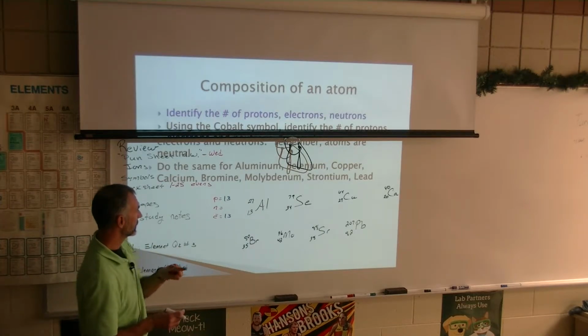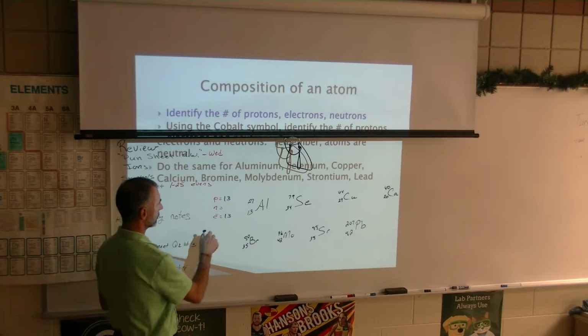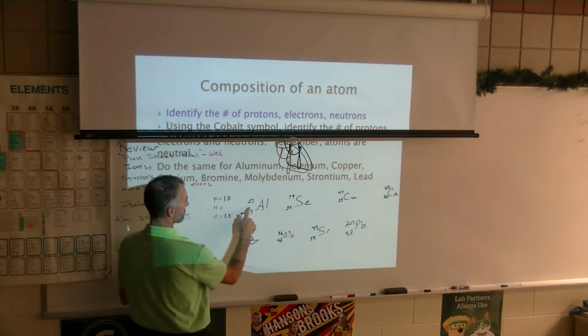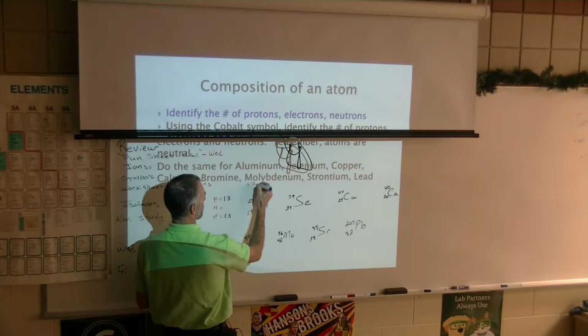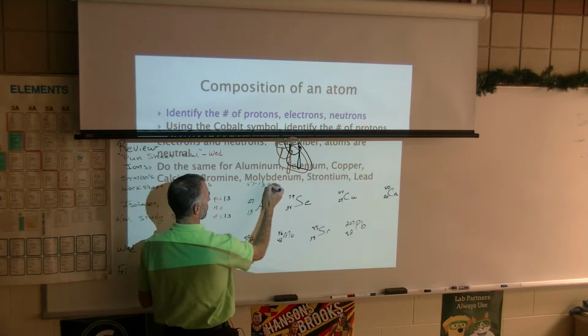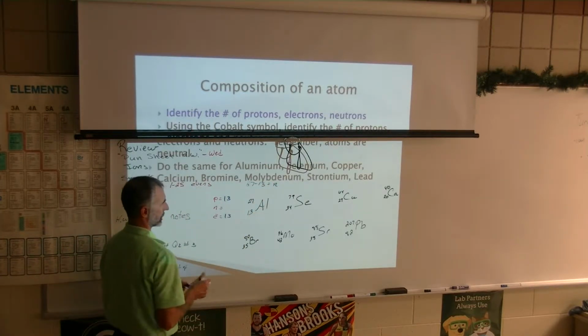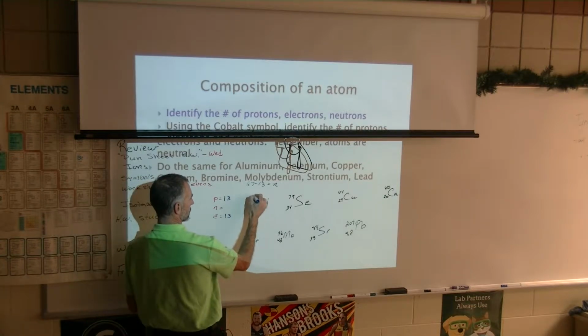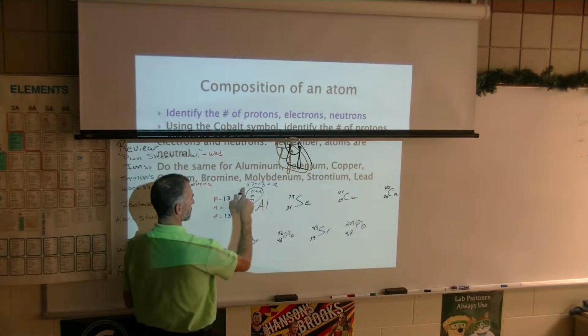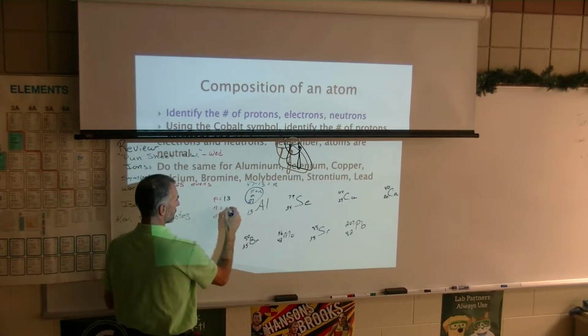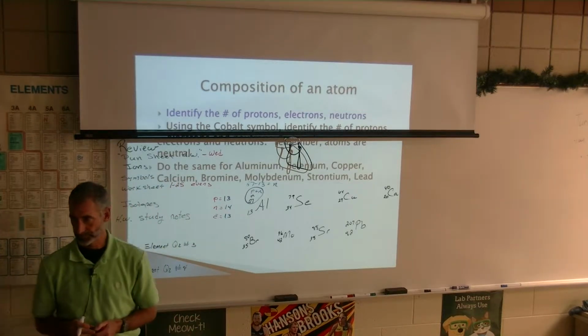And then like we just mentioned in the review, for the number of neutrons I take my mass number minus my atomic number, because the mass number is protons plus neutrons. So 27 minus 13 gives me 14 neutrons.